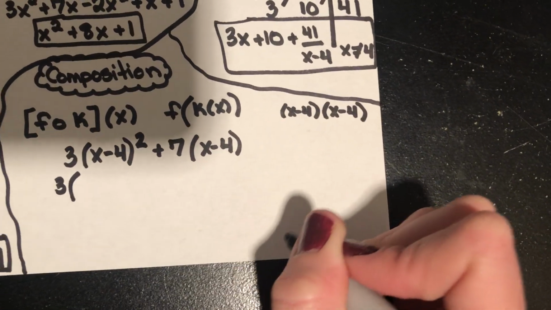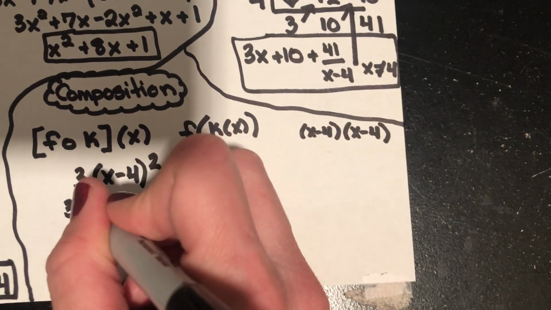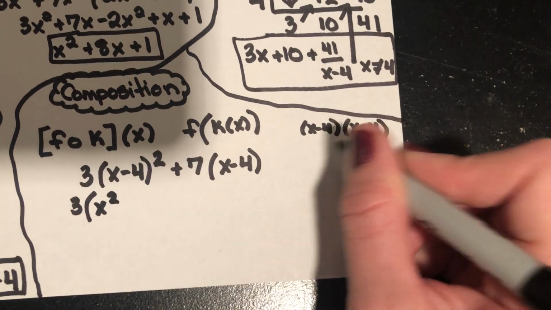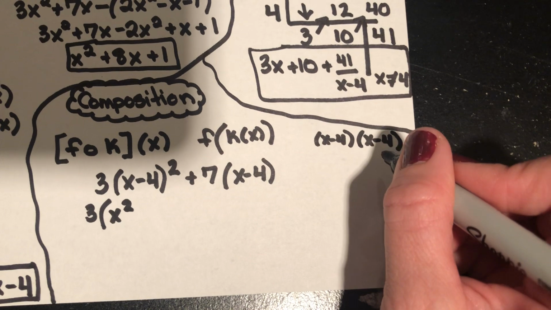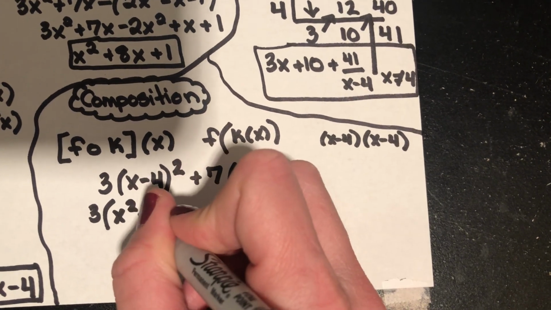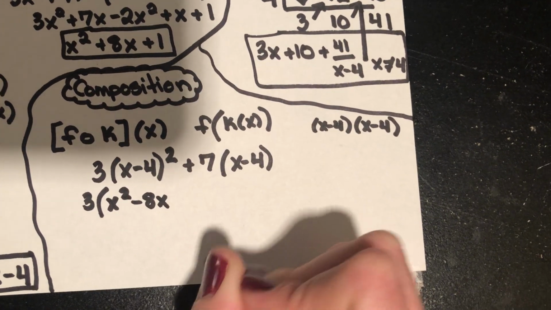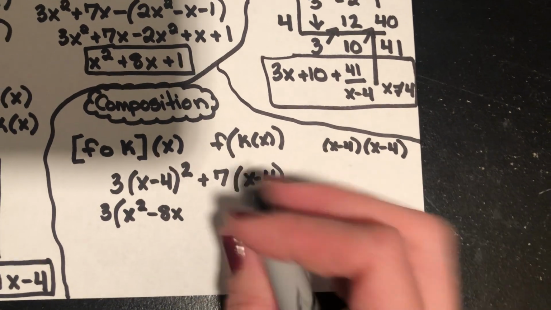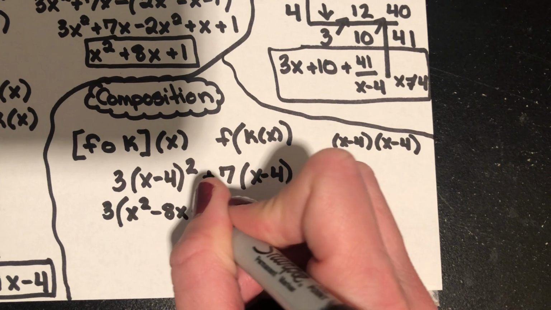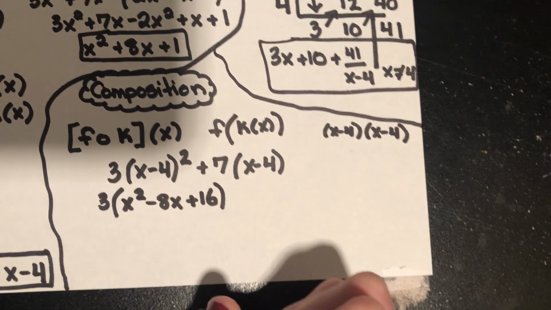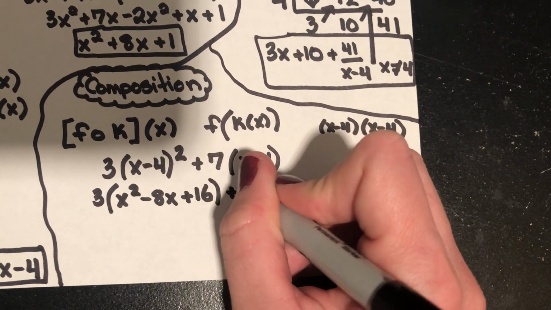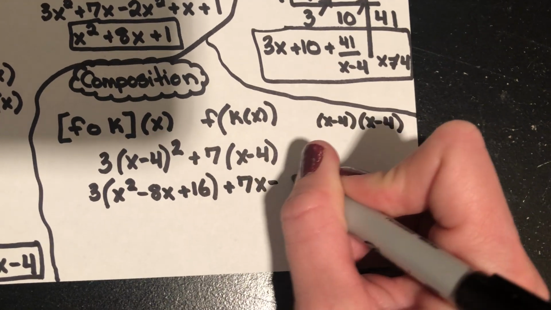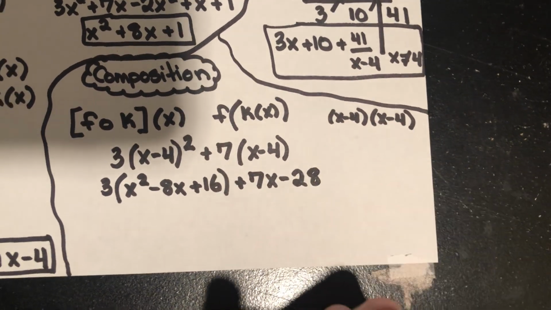And I'm just going to FOIL that. I'm kind of doing it in my head a little bit, but I have x squared minus 4x minus 4x. So that's a minus 8x. And then plus, because it's a minus, negative 4 times negative 4, so plus 16. And then I'm going to distribute my 7, plus 7x minus 28.